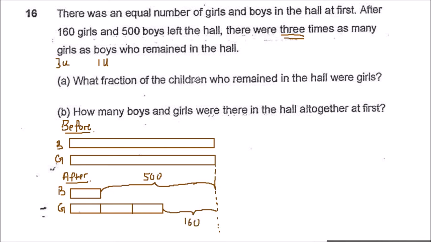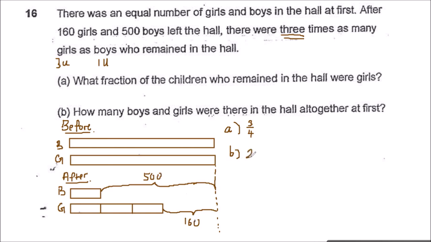What fraction of the children who remain in the hall were girls? We can see this from the after model. For part 1, the answer is very straightforward. It's just 3/4. But for part B, how many boys and girls were there in the hall altogether at first? If you look at this, you can see that 2 units is actually 500 minus 160.